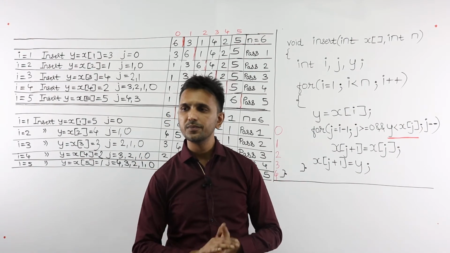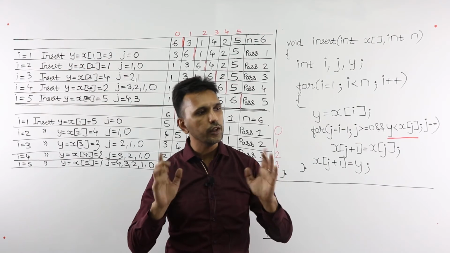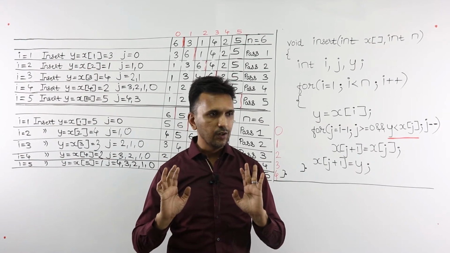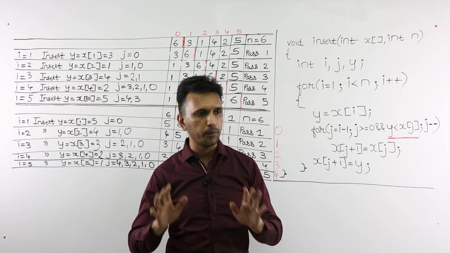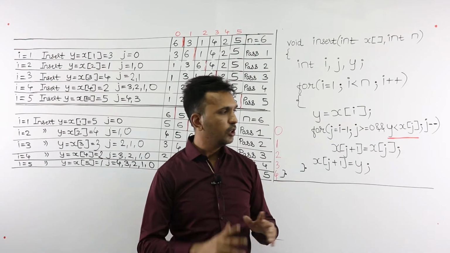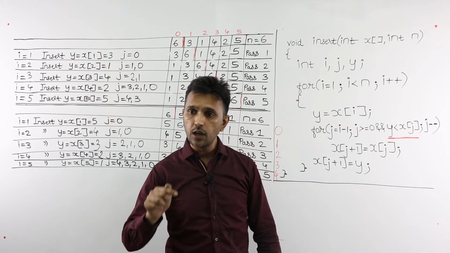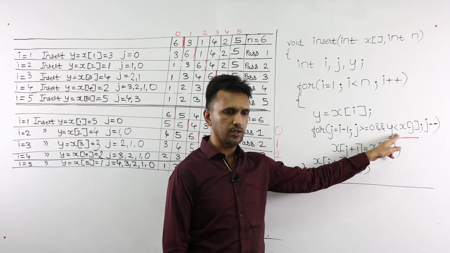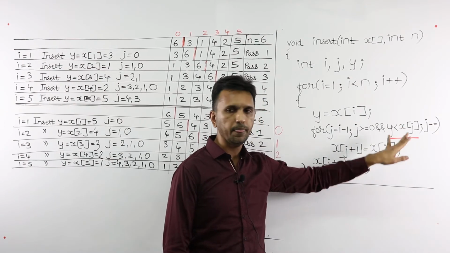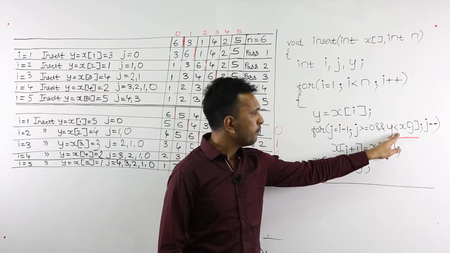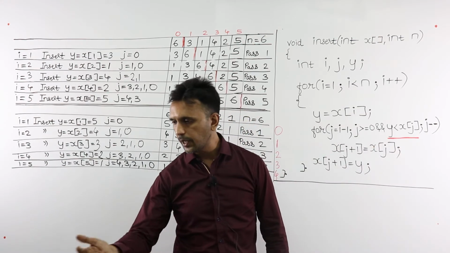Ask me a question. I will tell you after 15 minutes. I don't want to complicate and confuse you right now. After 15 minutes, we will discuss why this is a critical operation. For time being, this is the critical operation. Now, if this comparison is the critical operation, what is step number 2?